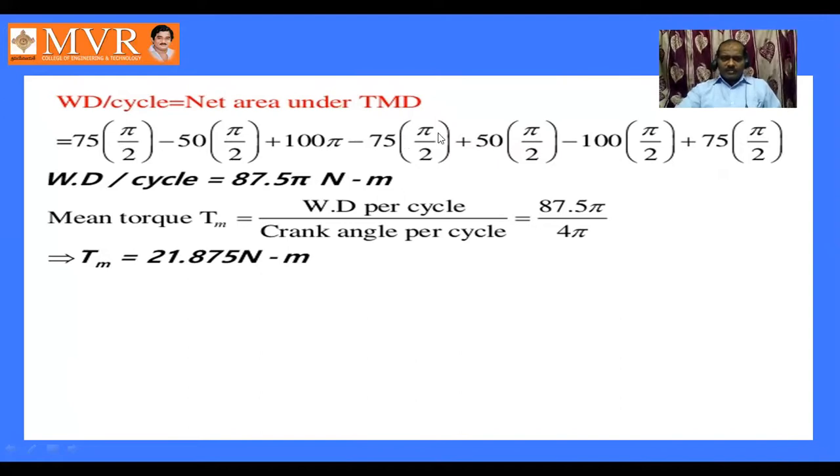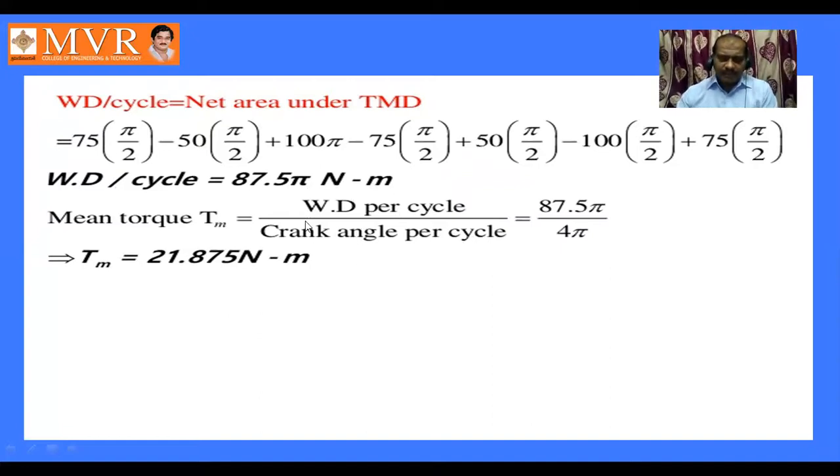This is 75 into pi by 2, 50 into pi by 2. So in the previous problems they have given these values, but here we have to convert that one. So based upon this total value, work done per cycle is 87.5 pi Newton meter.